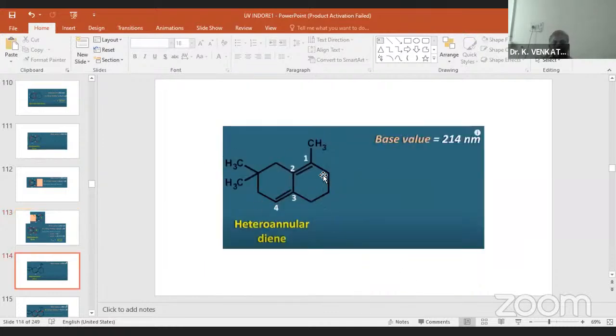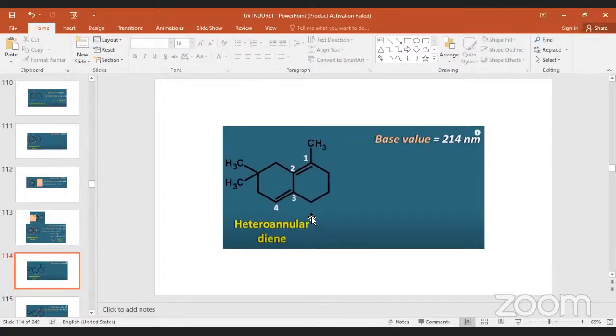Now calculate this, ma'am. 245? Okay, we can check.